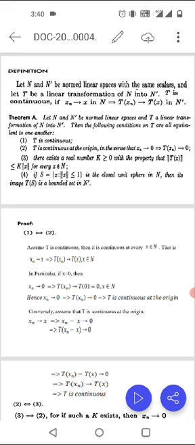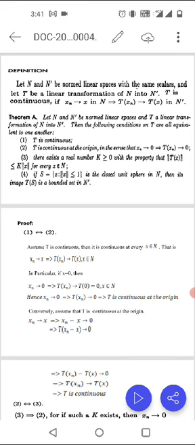And the third case, there exists a real number k greater than or equal to 0 with the property that norm of T of x is less than or equal to k times norm of x for all x belongs to N. And the fourth case, if S equal to the set of all x such that norm of x is less than or equal to 1 is the closed unit sphere in N, then its image T of S is bounded in N dash.